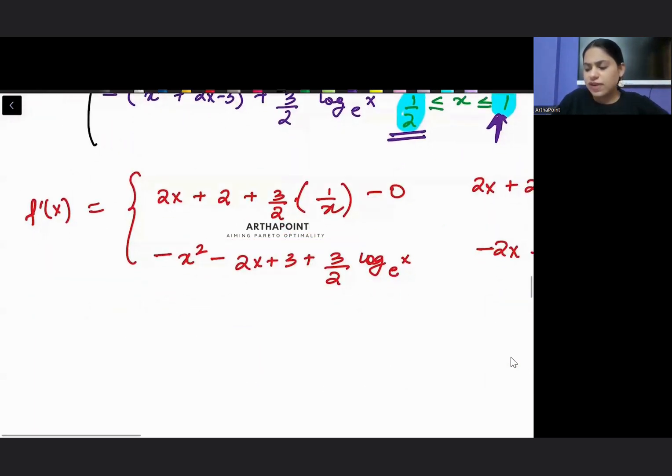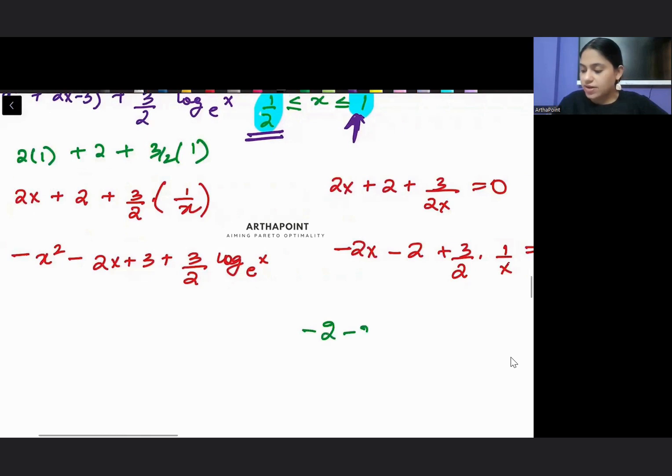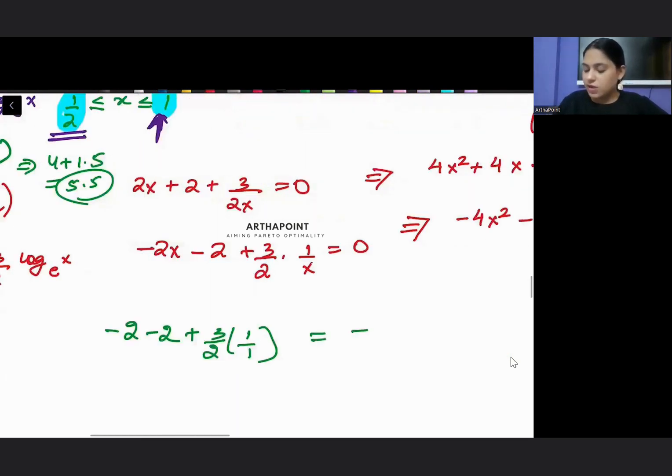If I try to evaluate the derivative of the function at 1, what happens? If I plug 2 into 1 plus 2 plus 3 by 2 into 1, and minus 2 plus 3 by 2 into 1, I will be getting the value as 4 plus 1.5, that means 5.5, and here minus 4 plus 1.5, that means minus 2.5.